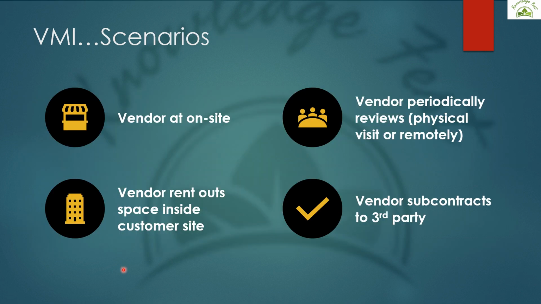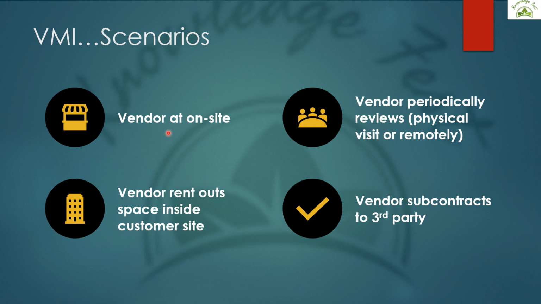Now let us understand what are the business scenarios which are possible for a VMI agreement. The first possibility is vendor on-site. In this scenario, the vendor appoints a representative or employee at the consumption place of the buyer or the customer company.